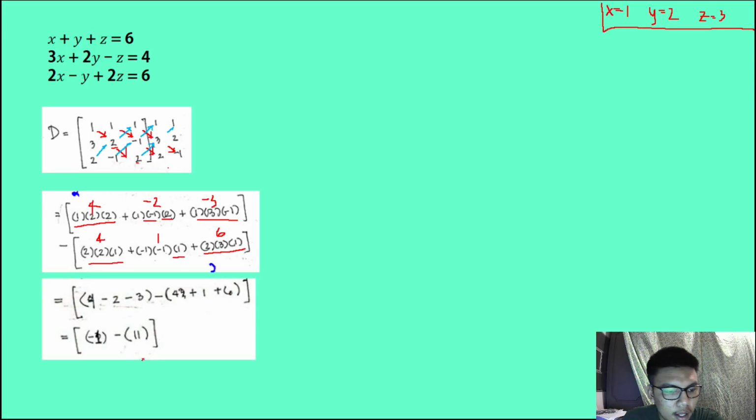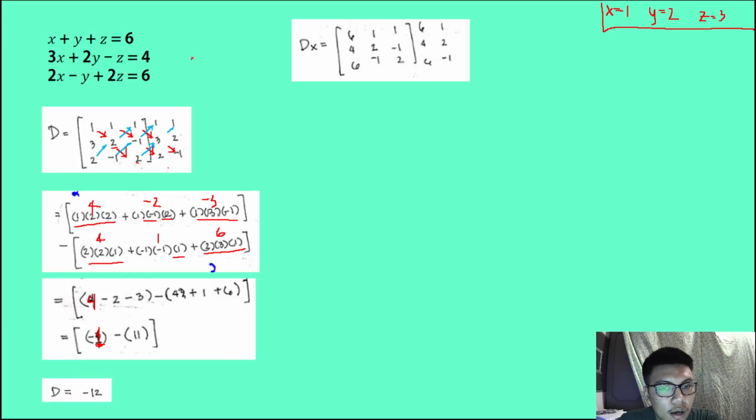So simplifying that, we have 4 minus 2 minus 3, that is negative 1. So this is negative 1. Okay. So negative 1, then 4 plus 1 plus 6, that is 11. Since meron tayong negative dito, naging parehas na silang negative. So, we have negative 1 minus 11, that is negative 12. So, ang determinant natin ay negative 12.